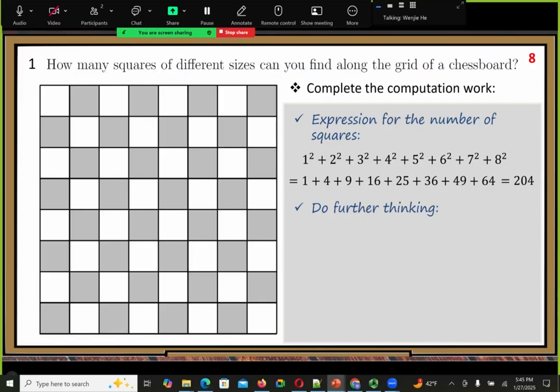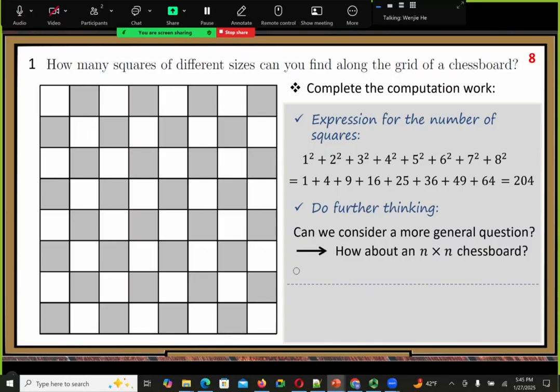So for the 100 by 100, you want an existing formula to calculate it. So we want to consider the general case, n by n. We want to find the summation of these n consecutive squares of integers.